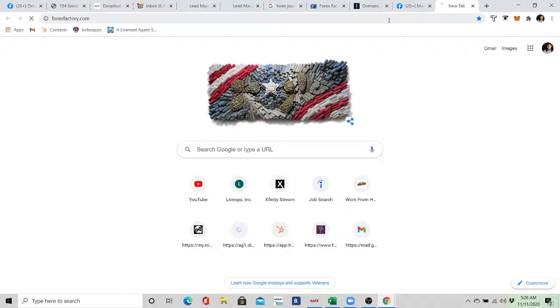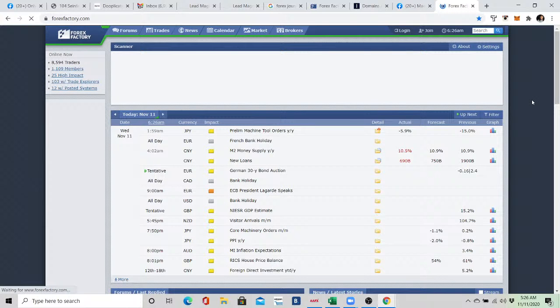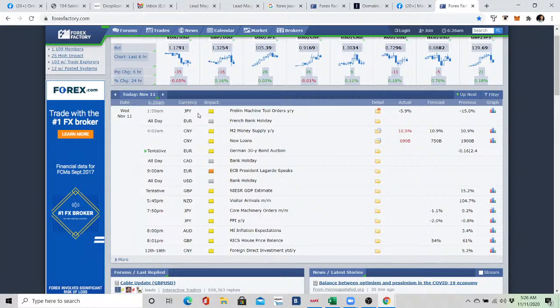Forex Factory. It's 5:26. Tentative German 30-year bond auction. Yellow folder. Euro. All day. Oh, it is a bank holiday.